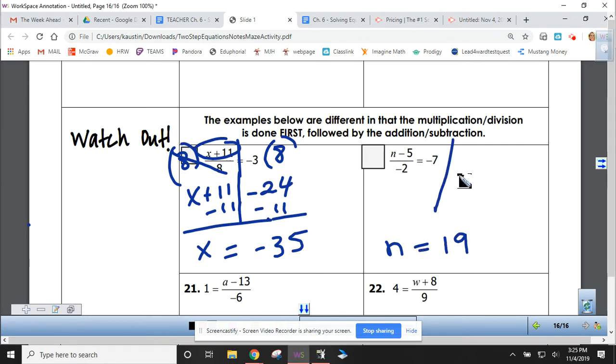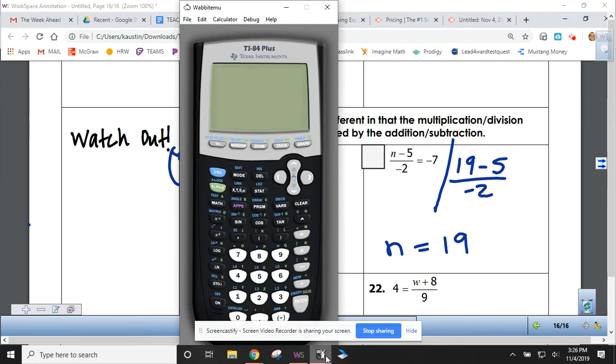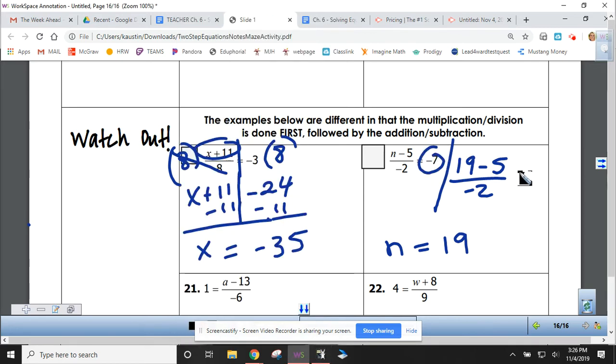So what I would do is I would put 19 minus 5 divided by negative 2, and you can do that in the calculator. 19 minus 5 divided by negative 2, and if I did it right, I get negative 7. Well, that's what I got. So don't be afraid to go back and check, because when there's multi-steps like this, it's easy to make a small error like leaving out a negative sign, and that'll mess everything up.